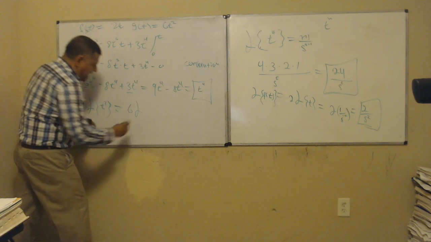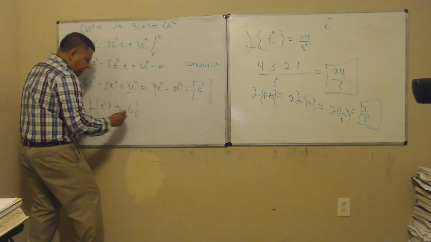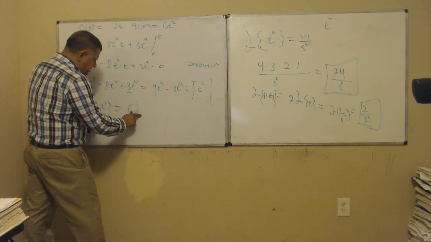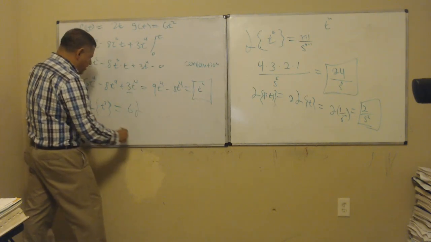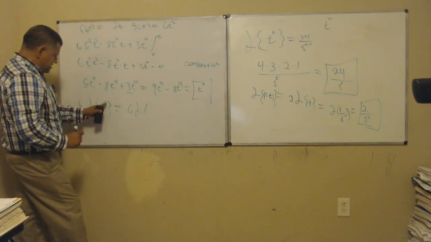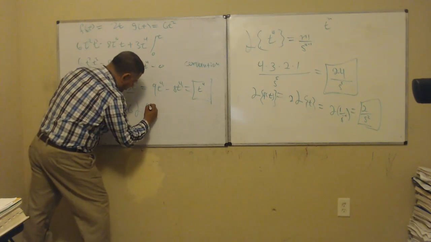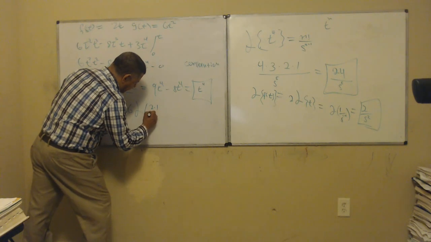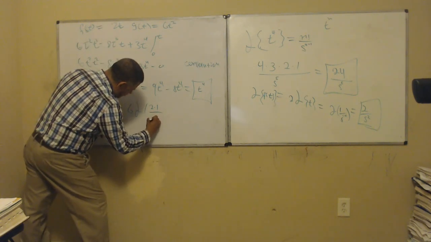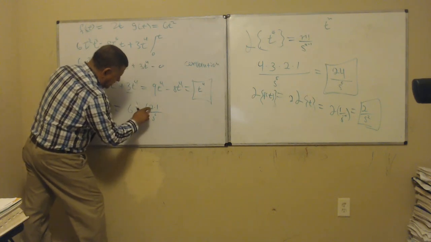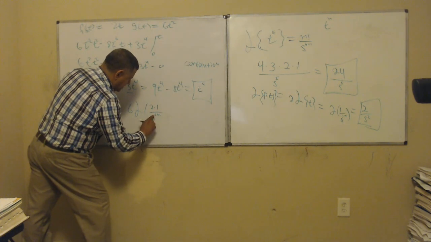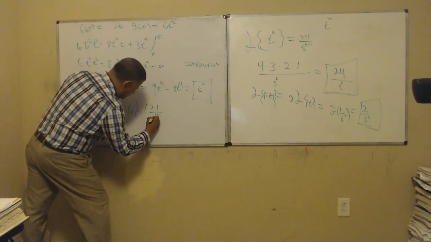The Laplace transform of this guy is going to be the following. So the 2 factorial, 2 times 1, on top, and then the bottom is going to have s, s squared plus 1.